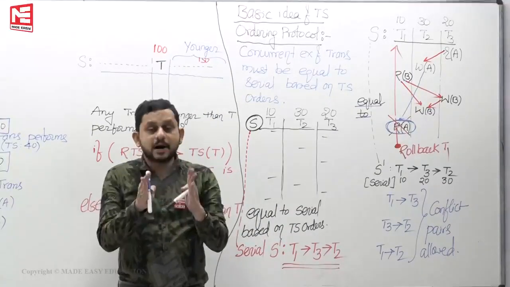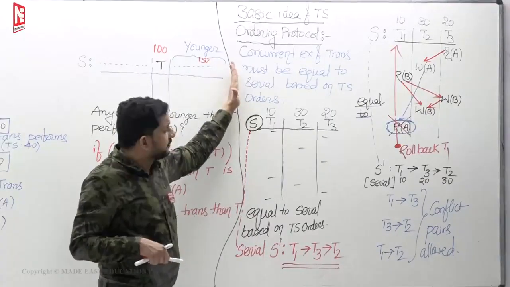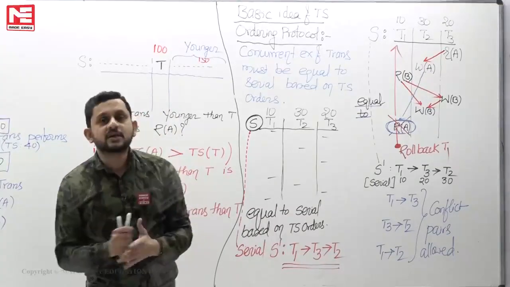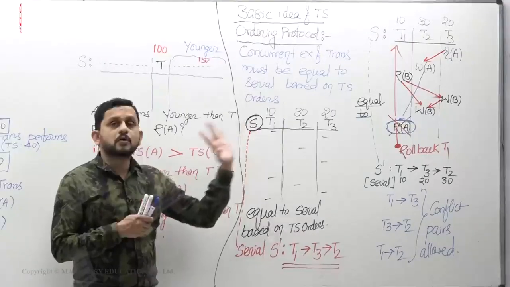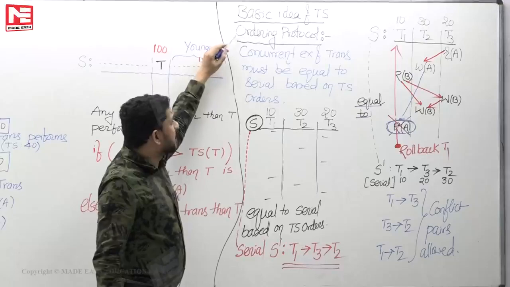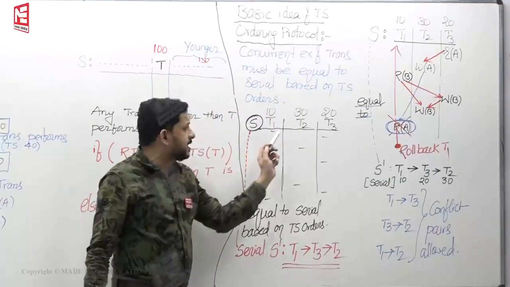Okay, it is one important point. So this point is cleared. If this point is cleared, you have almost done 50% of timestamp ordering protocols, because the goal of every protocol is the same. In the basic timestamp ordering protocol, concurrent execution must be equal to serial based on timestamp order.